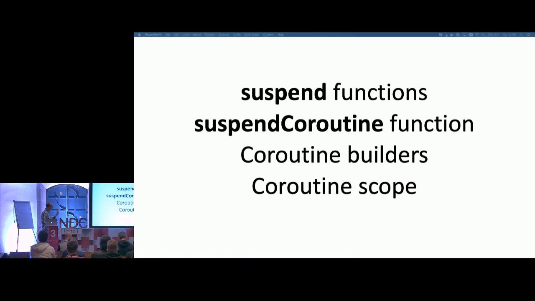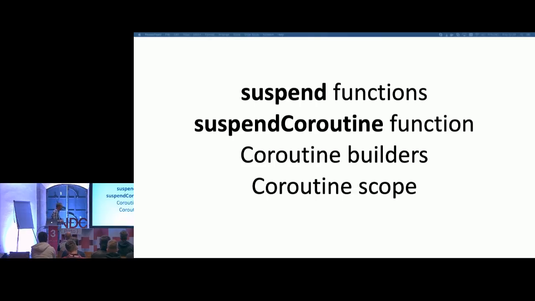So, four major concepts, in my opinion, when reasoning about coroutines: the concept of suspend functions; the concept of suspend coroutine as a very generic building block that I can use to interact with the external world that is based on futures and callbacks; the concept of coroutine builder as a way to create and start a coroutine.